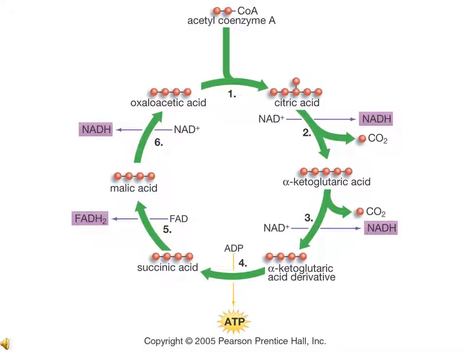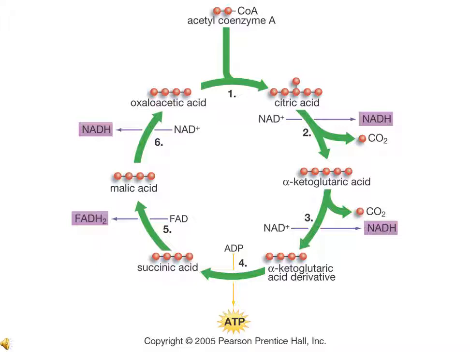If you look to the top, we have taken pyruvic acid. We've taken pyruvic acid and converted it to a 2-carbon structure called acetyl coenzyme A. Now, it's not so important to know that this is acetyl coenzyme A, converts to citric acid, converts to alpha-ketoglutarate acid, and so on and so on.